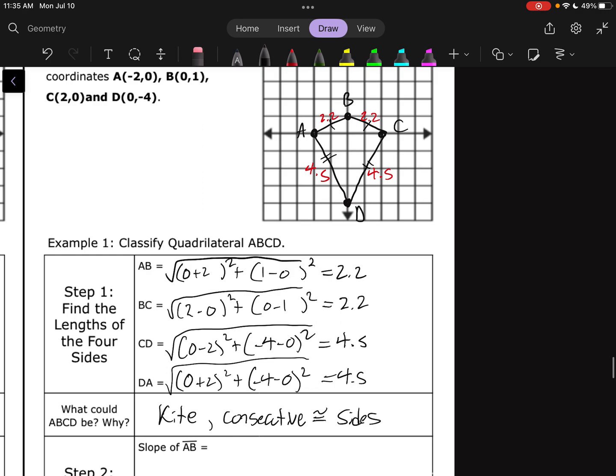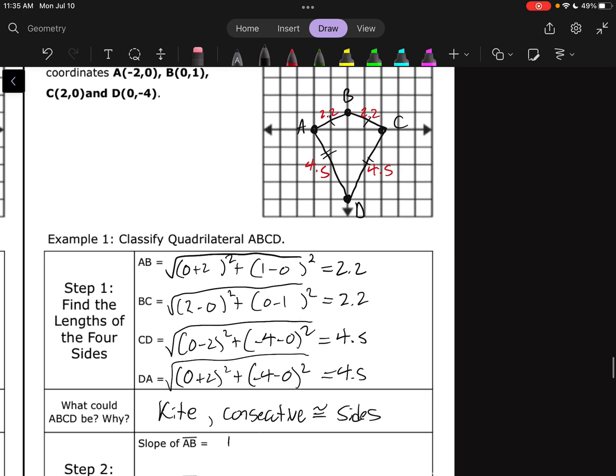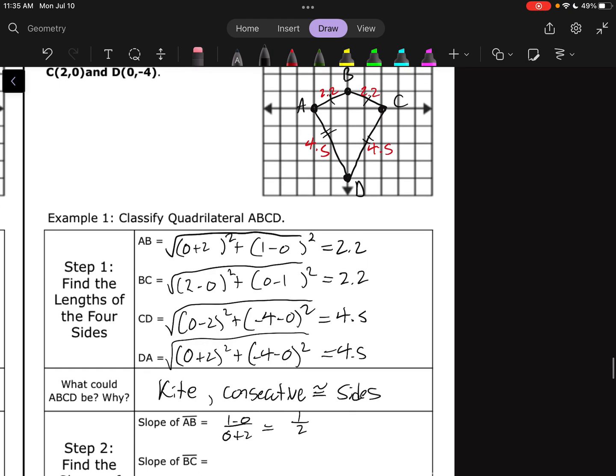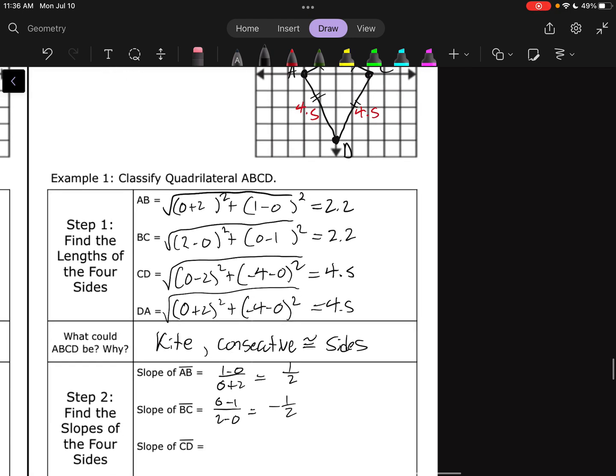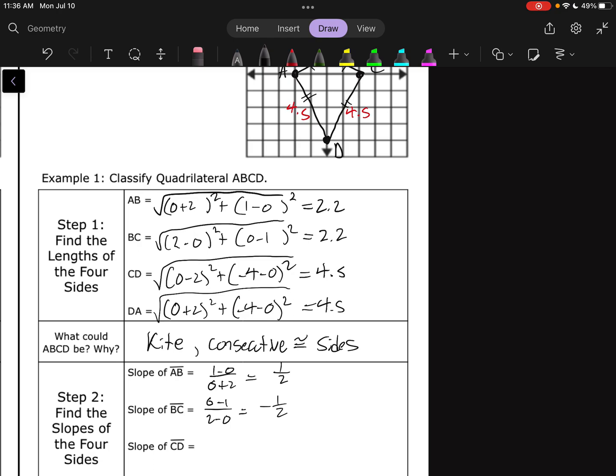So slope of AB, I should do 1 minus 0 over 0 minus negative 2, or 0 plus 2. That's going to be 1/2. For BC, I will do 0 minus 1 over 2 minus 0, and that'll be negative 1/2. For CD, I will do negative 4 minus 0 over 0 minus 2.